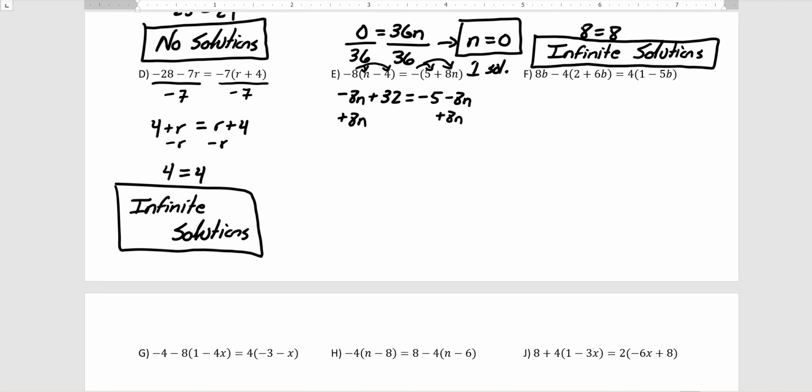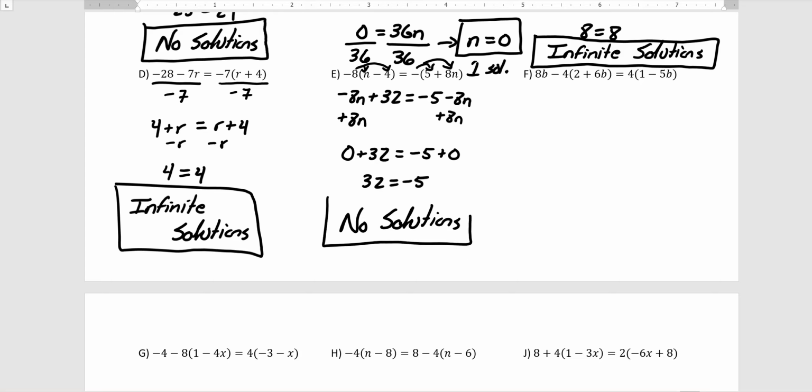Negative 8n plus 8n is 0, plus 32 equals negative 5 plus negative 8n plus 8n is 0. All right, so we have 32 equals negative 5. We have no variables, but 32 does not equal negative 5, which means that this is no solutions. There's no value for x, or in this case, there's no value for n that we can plug in and get a true statement.